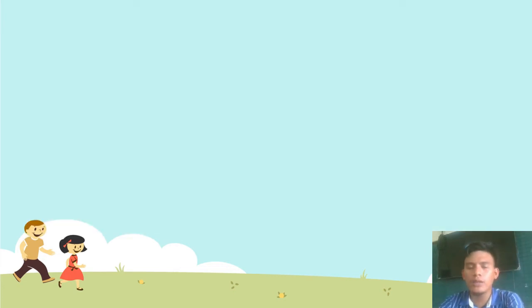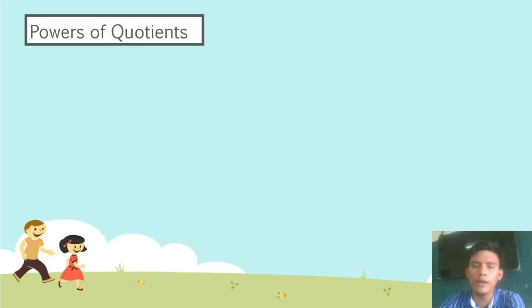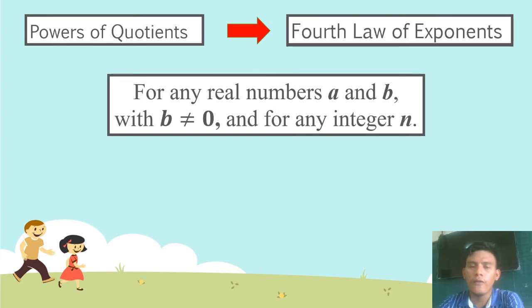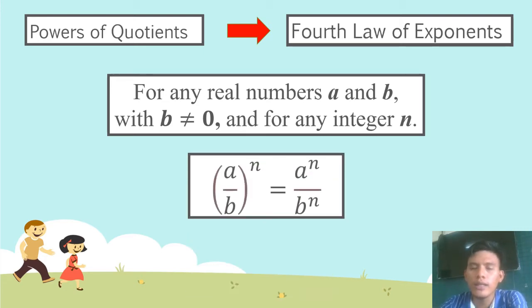Let's proceed to the powers of quotients. That will be the fourth law of exponents. For any real numbers a and b with b not equal to 0, and for any integer n, the quantity a over b raised to the exponent n.